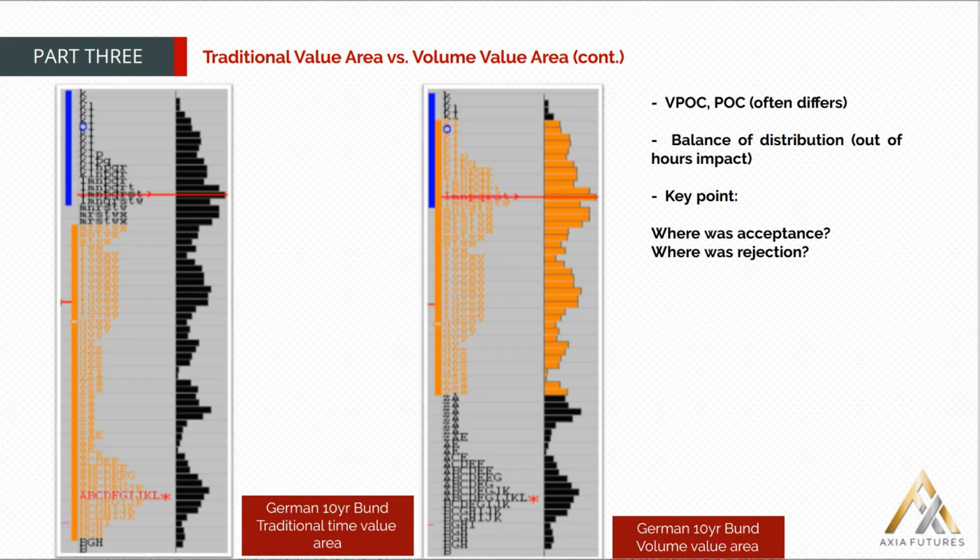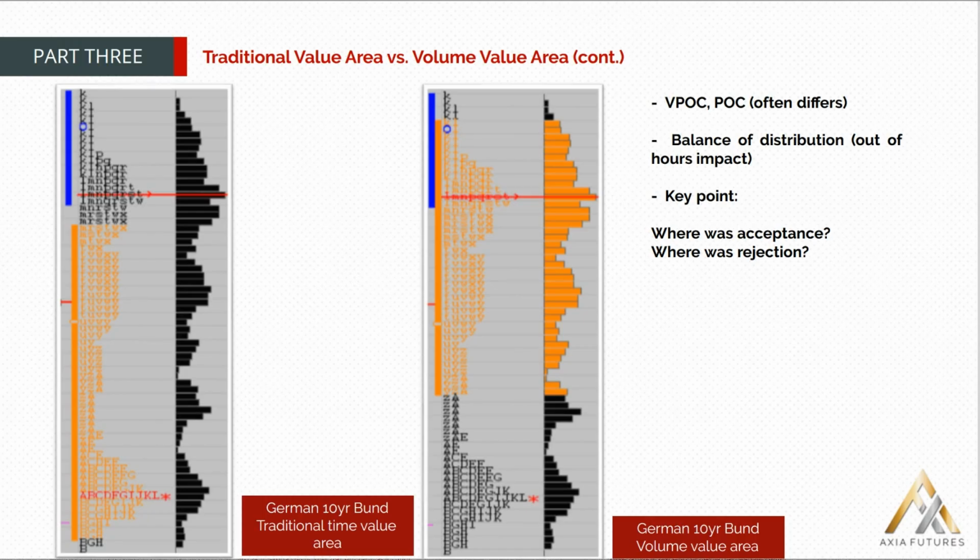Now, again, note in this instance, the point of control, obviously we would have that in a traditional value area, but in a volume-based value area, we will have a volume point of control. In this example, they are the same. The point of control in the left profile is the point where we had the most time frame TPOs traded, and the volume point of control on the right also happens to be the price where the most volume was traded.